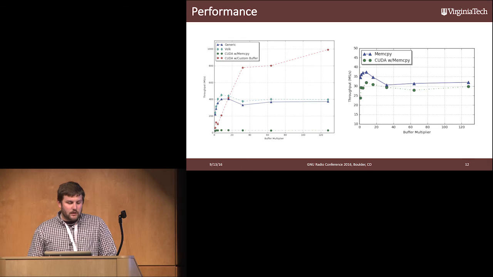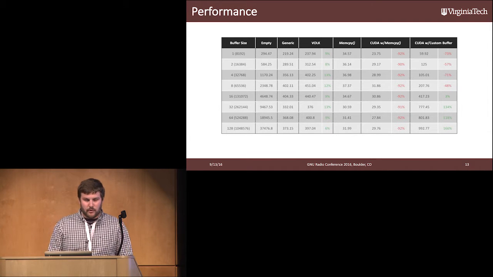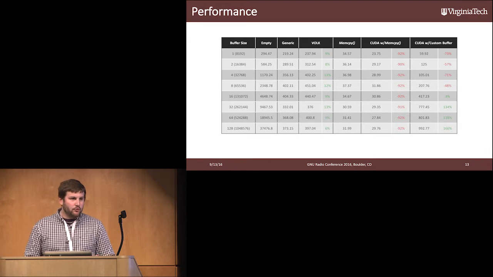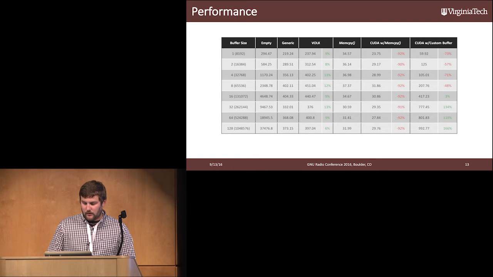And the CUDA version is able to get about a 166% performance increase over the Volk and the generic implementations. But the trade-off is that you have more latency. You have to increase the buffer size by 128 times to see that type of performance. So you have much higher throughput, but you have a much higher latency as well.